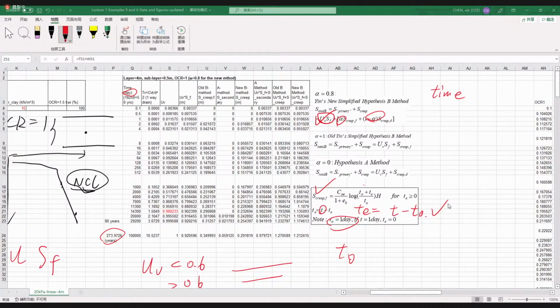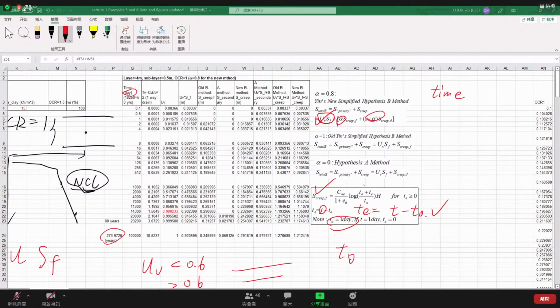And if we plot the result in the figure here, you can see that the hypothesis A method is this one. Underestimate, right? And the solid line, this one, is the old simplified method. Overestimate a little bit, compared with the simulation result.